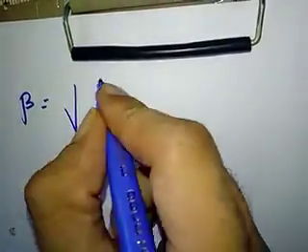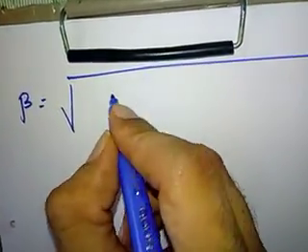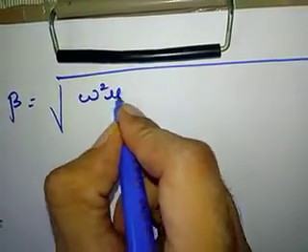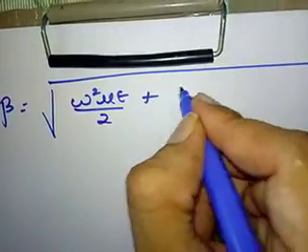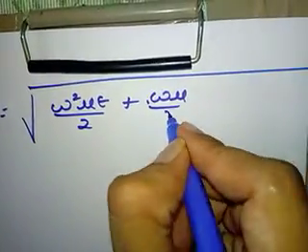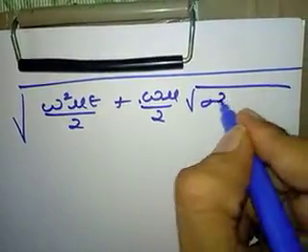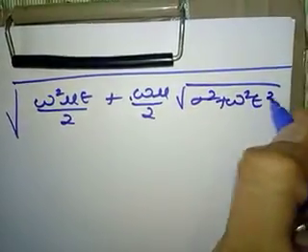For simplification, consider the same equation for beta that we have got. I am expanding it now: omega square mu epsilon by 2 plus omega mu by 2 square root of sigma square plus omega square epsilon square.